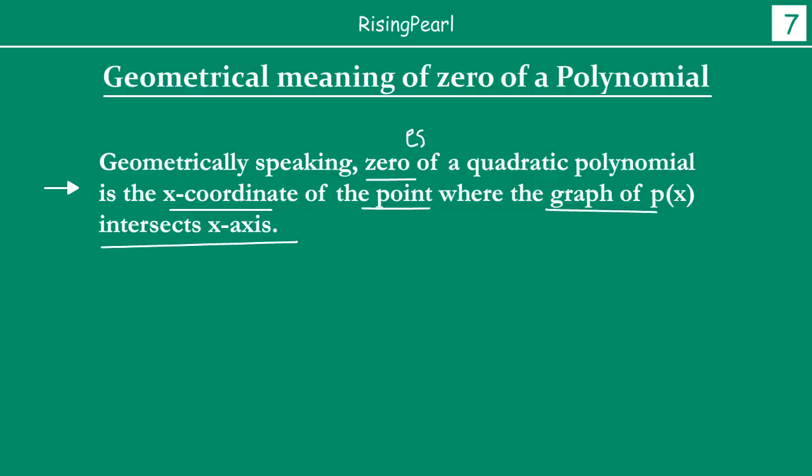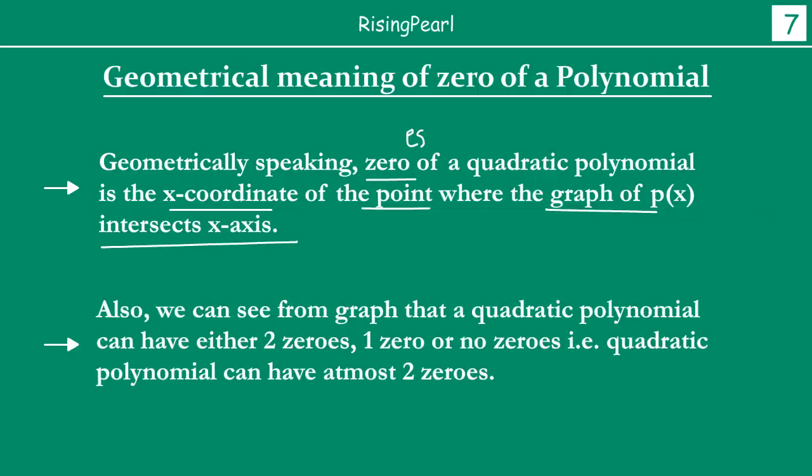And secondly, from the graphs we see that a quadratic polynomial can have either 2 zeros, or 1 zero, or no zeros. In other words, a quadratic polynomial can have at most 2 zeros.